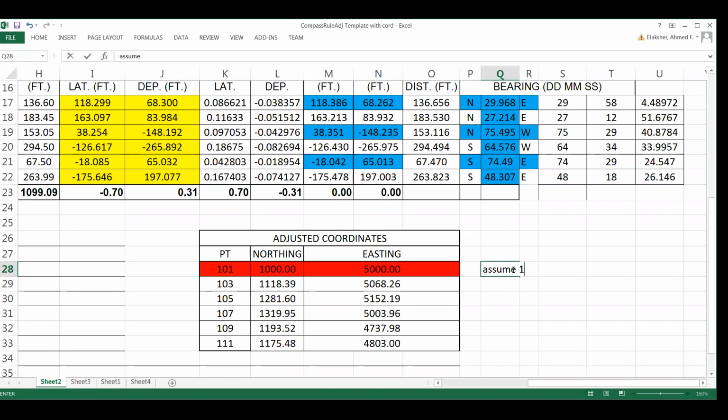Assume the 1,000 for the northing and the 5,000 for the easting. And then from there, you start making the other points. So the northing here will be the 1,000, plus the difference in the northing coordinate, which is the latitude of the line between both. Same thing for the easting, and so on.